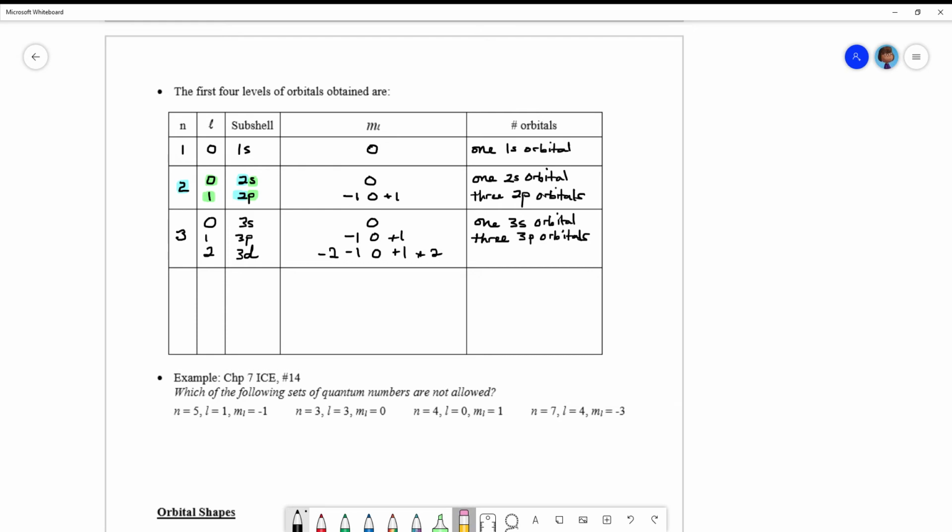And when L is equal to 2, we got 1, 2, 3, 4, 5 values that tell us there are 5 3d orbitals in the 3d subshell.